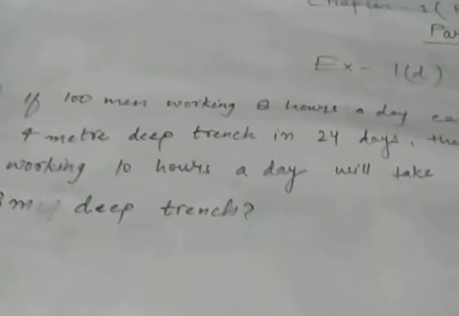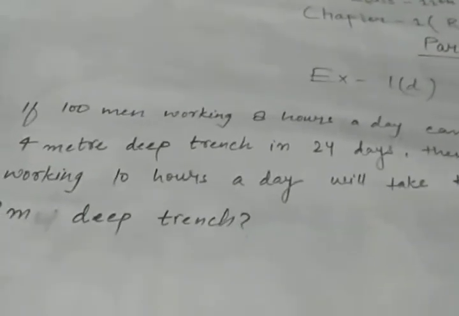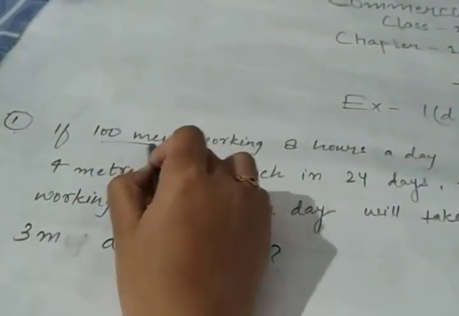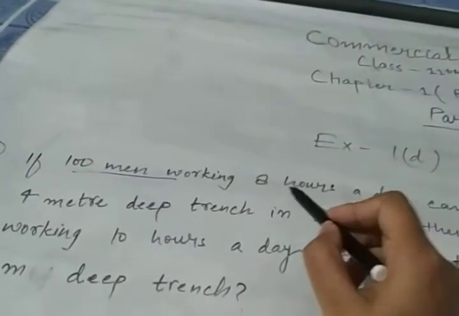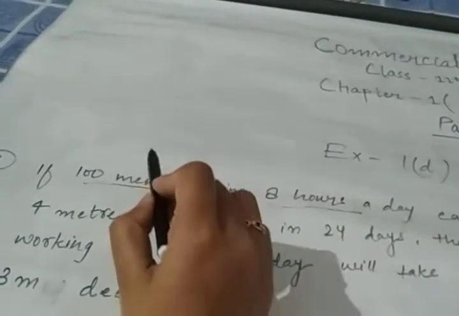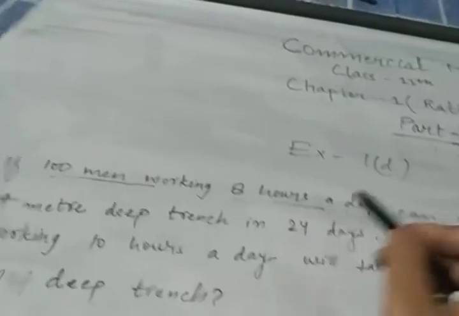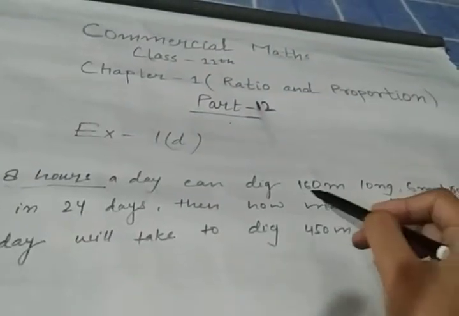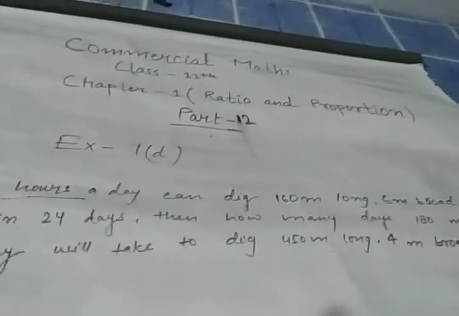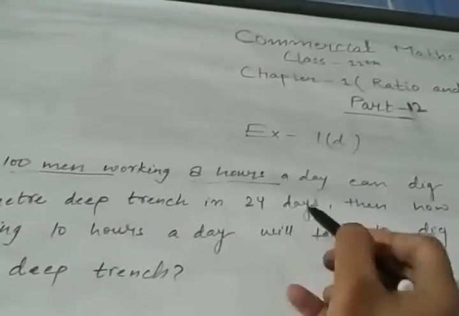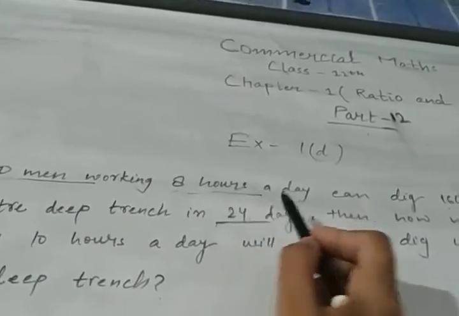In this question there are lots of amounts, lots of digits given. First, 100 men working 8 hours a day. Number of men 100, working hours 8, and this is a 160-meter long dig, 6 meter broad and 6 meter deep, in 24 days.